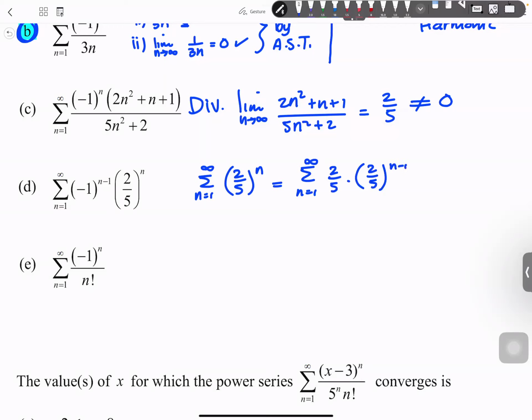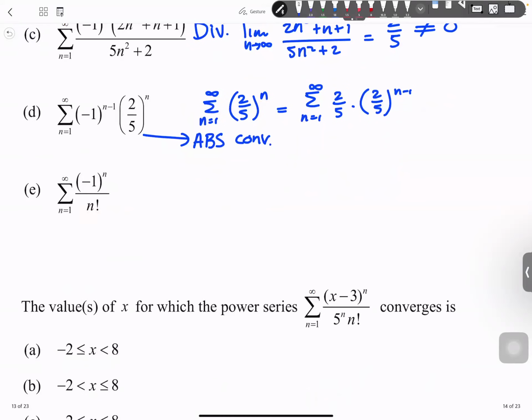This is a convergent geometric series, right? And it converges without the alternating component. So with the alternating component, it is absolutely convergent, right? Absolutely convergent.